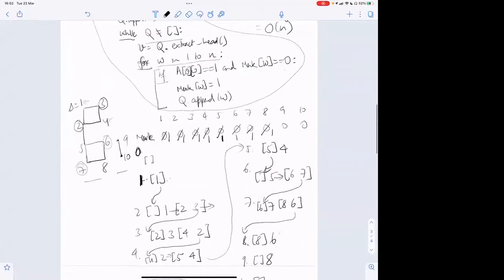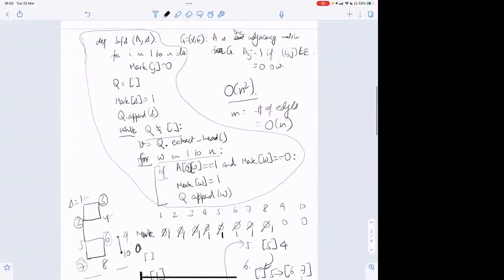So let's look at the algorithm again. As it stands, there doesn't seem to be any hope, because whatever be the density of the adjacency matrix, you would run these two tight loops, and that would take n squared time.